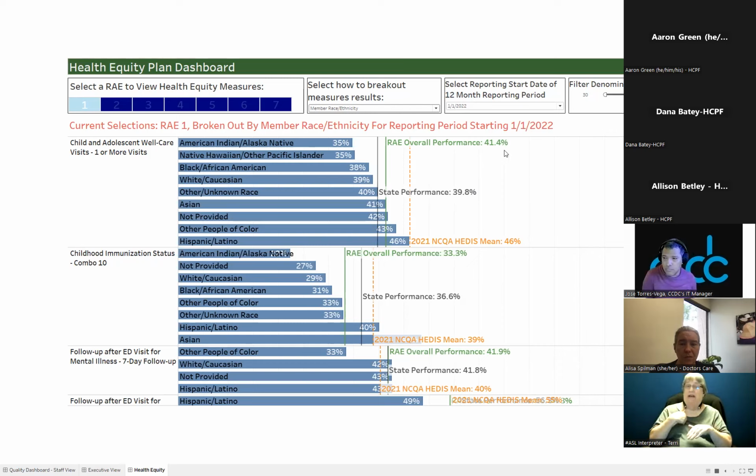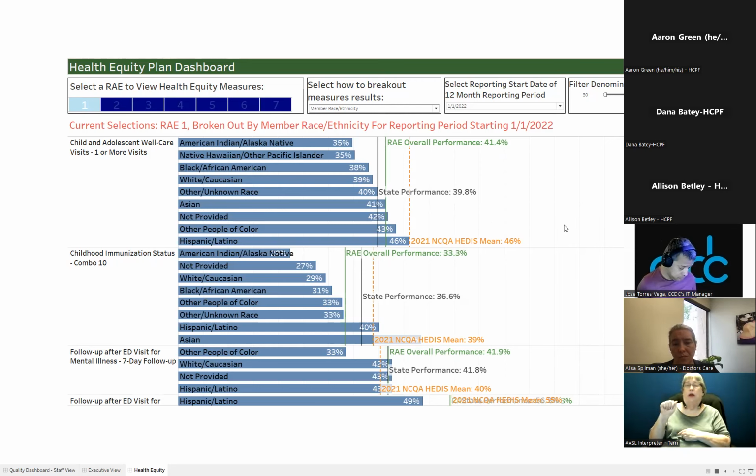We can also see in green the RAISE overall performance. For this performance period, Ray 1, who we have selected, is performing at 41.4% of kids getting well visits. And then the last reference line is this dashed orange line, and this is the 2021 NCQA HEDIS mean.